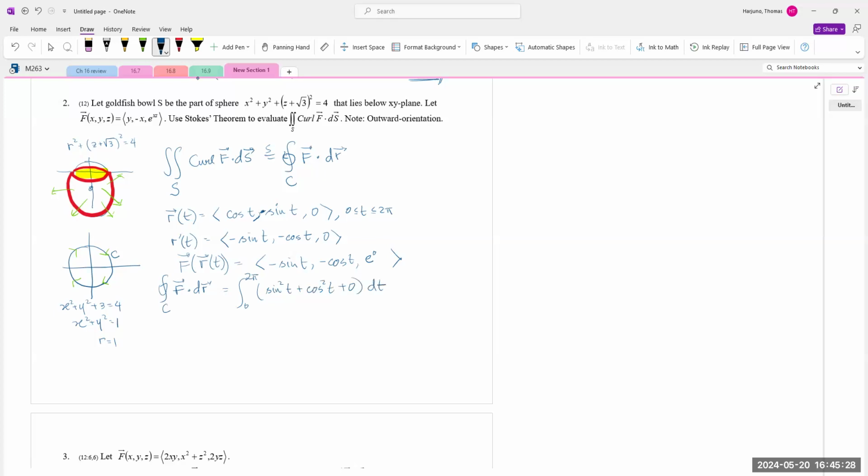Is it right? Imagine if you do the dot product. Which is basically equal to the integral from 0 to 2 pi of 1 dt. That's just 2 pi.